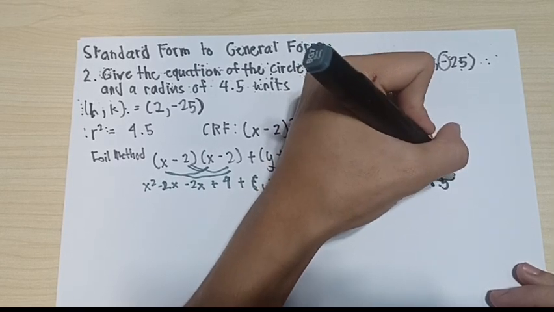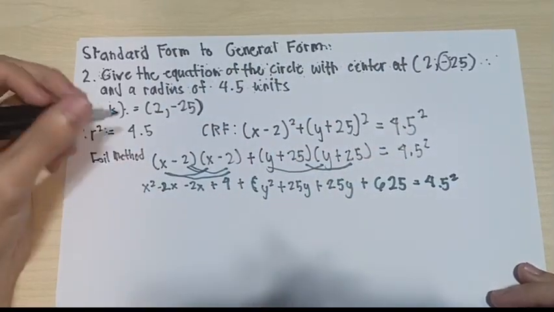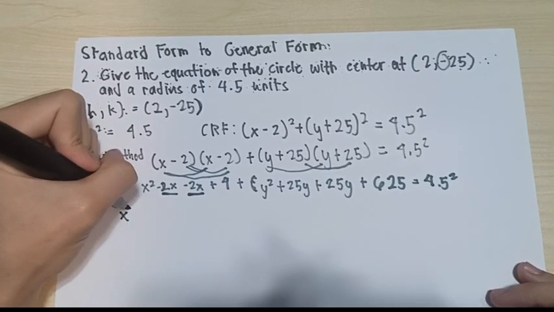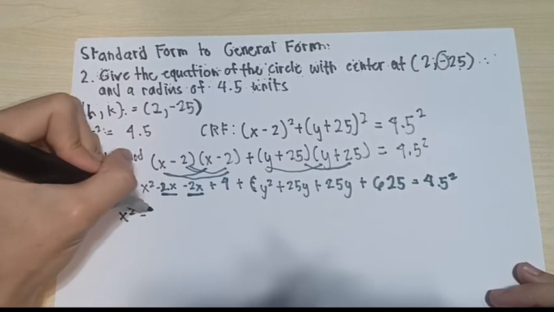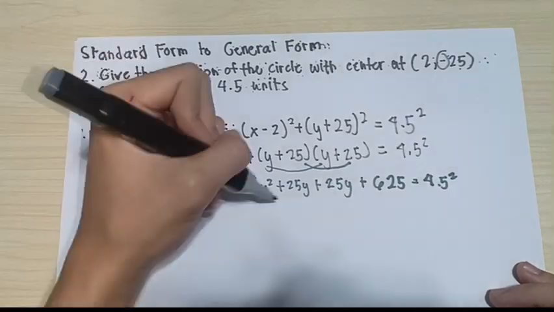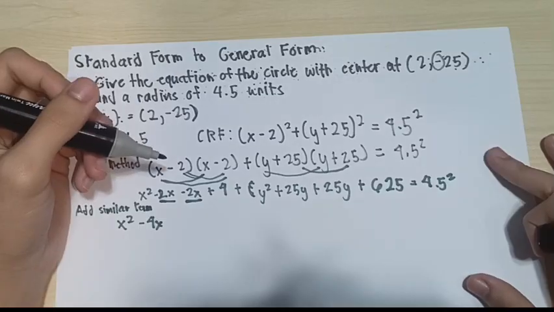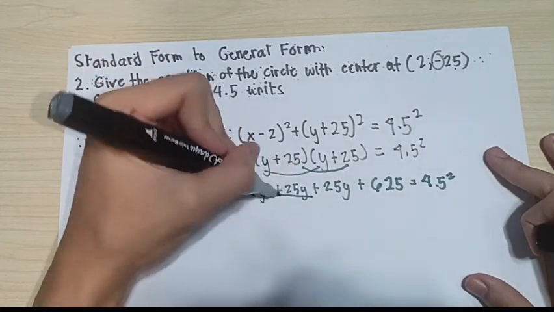Tapos natin gamitin ang FOIL method. Ang gagawin naman natin is i-add natin ang similar term. Negative 2x is parehas. So, x squared, negative 4x, then 25y plus 25y would be equal to 50y.